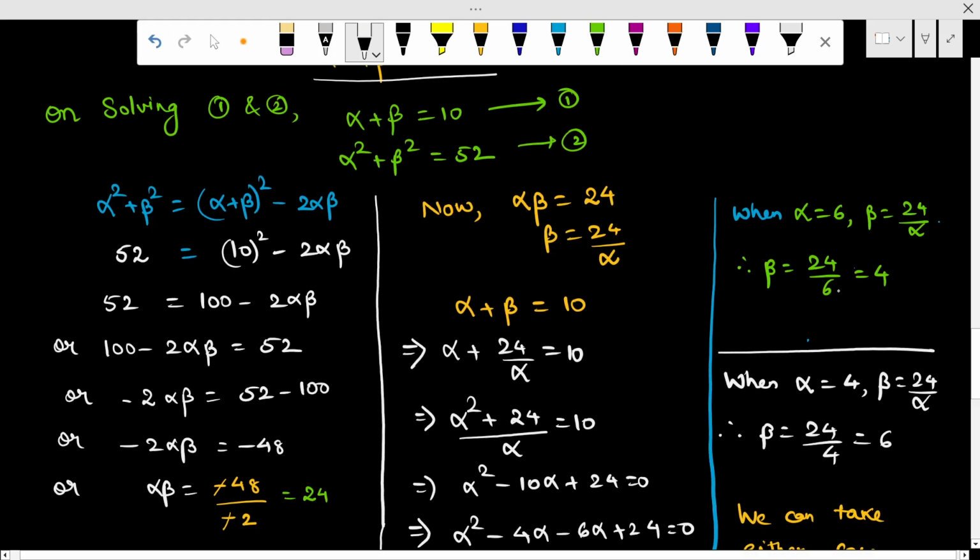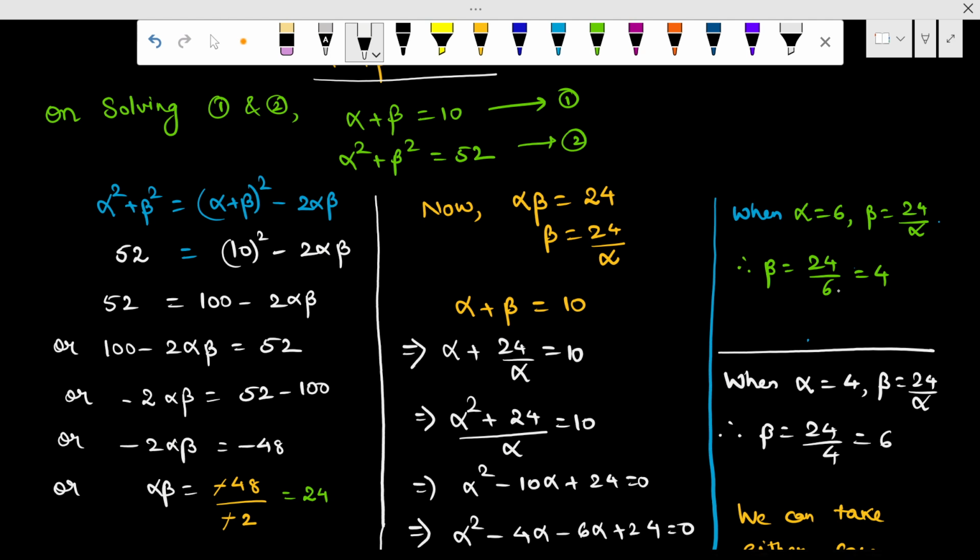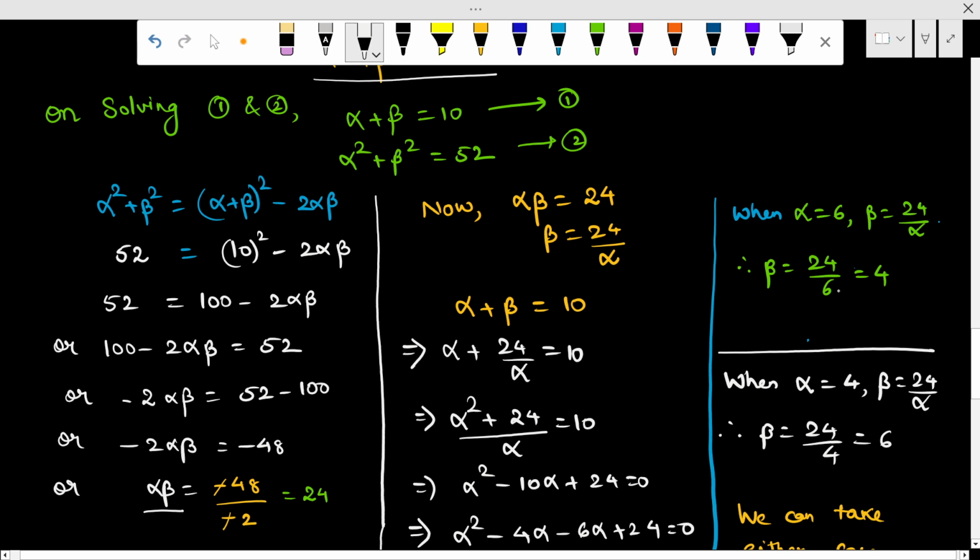See this. Using the formula alpha square plus beta square equals (alpha plus beta) whole square minus 2 alpha beta, we get the value of alpha beta. See how? Alpha square plus beta square was 52 from equation number 2, and alpha plus beta was 10. So (alpha plus beta) whole square gives us 10 square minus 2 alpha beta, right?